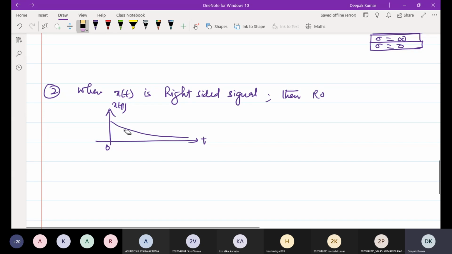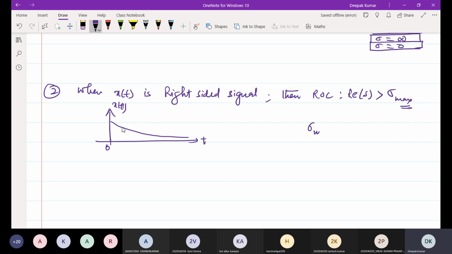See any example from the previous discussion. For this type of signal, the ROC was real s greater than a particular value sigma. That sigma is the maximum value, or the rightmost possible value of the pole.